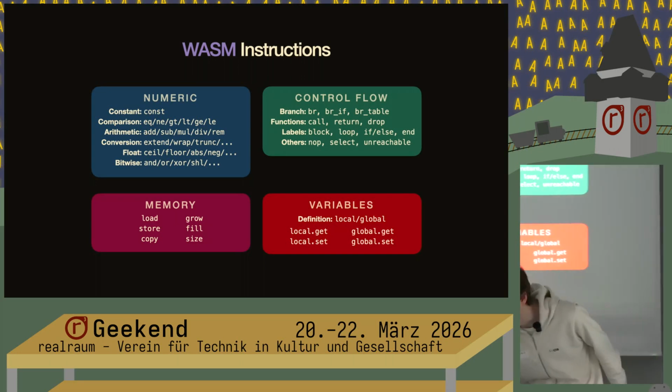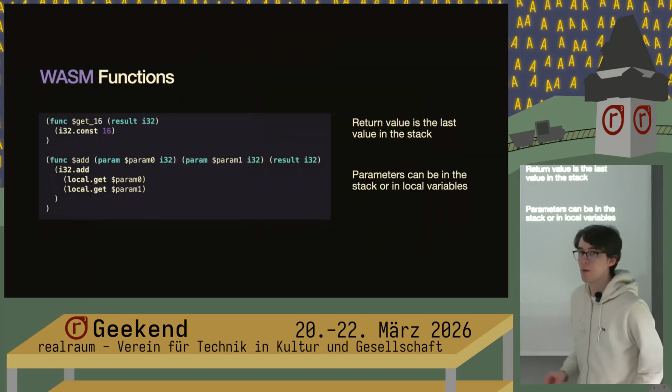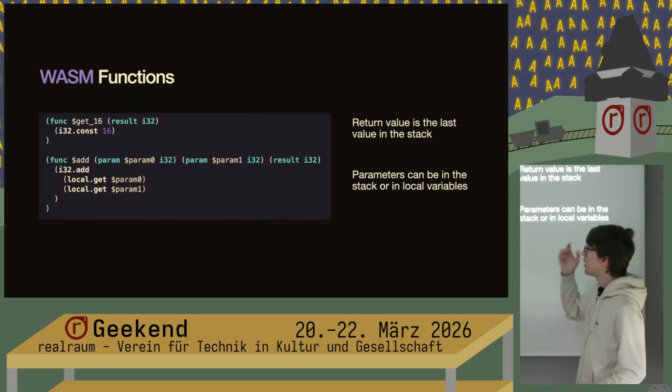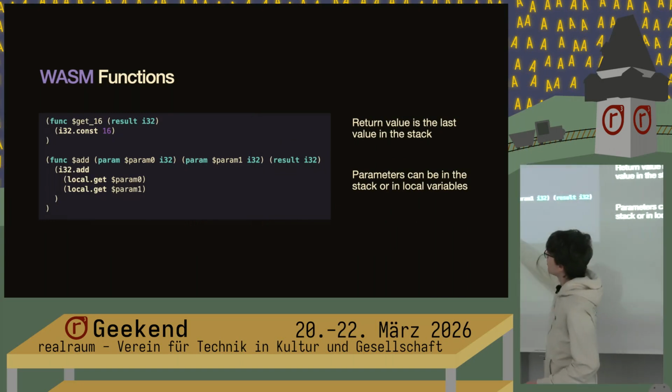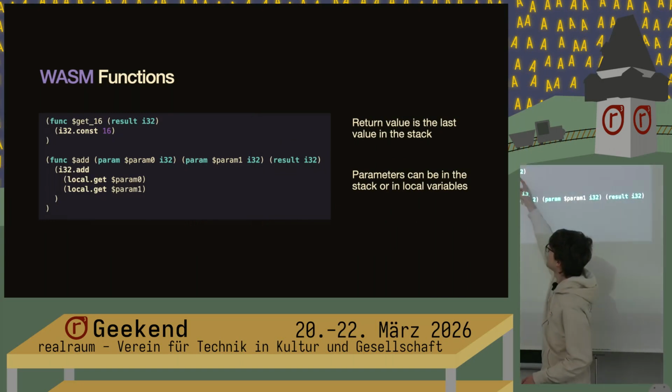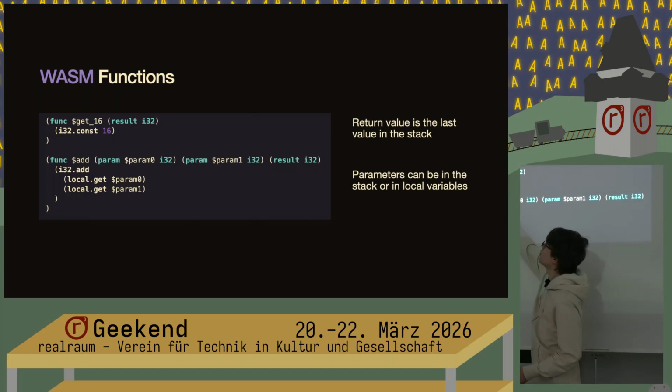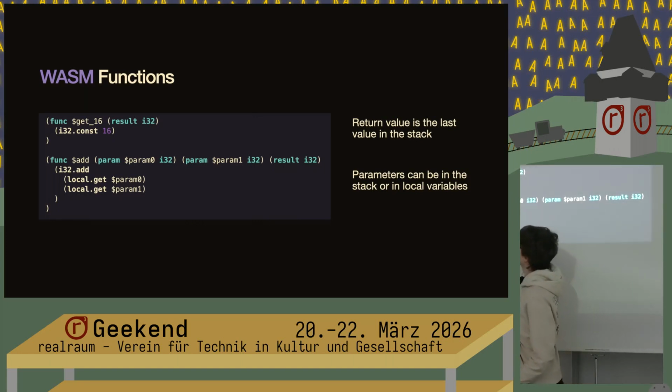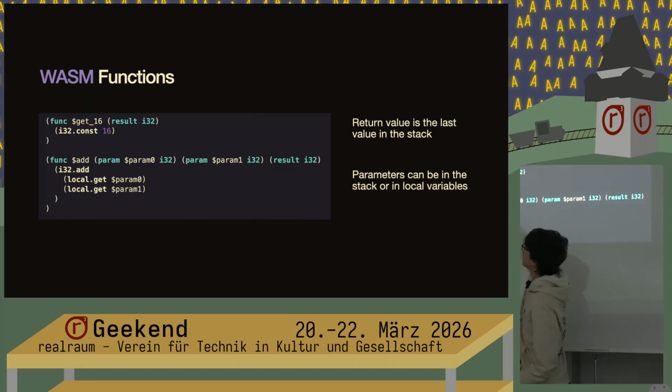In WebAssembly, you have functions. You can, for example, define a function called get16, which has a return type of integer 32. And the return value of a function is just the last element that was pushed on the stack. So in fact, this just pushes 16 on the stack and then returns it.